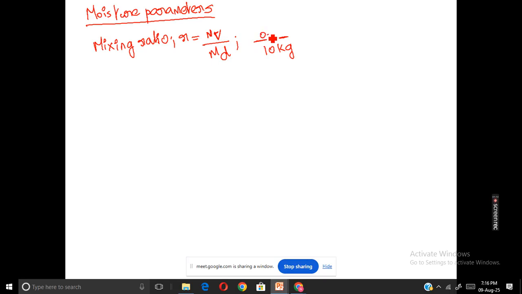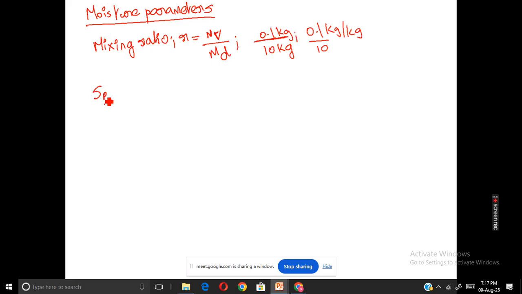Let it be 0.1 kg. So 0.1 by 10, or 0.01 kilogram per kilogram. That's how much water vapor is present. So mixing ratio basically gives you the mass of water vapor present in the total mass of dry air. It is mv by md.